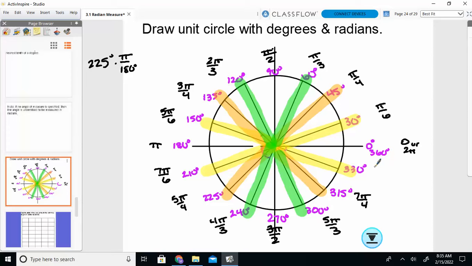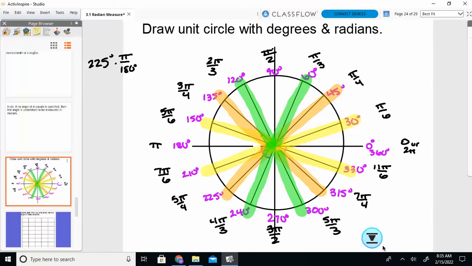And 330 times pi over 180. Okay. So we filled out this whole circle. And you could do this on your own just by converting. Basically all you're doing is dividing your degrees by 180 and sticking a pi with it.